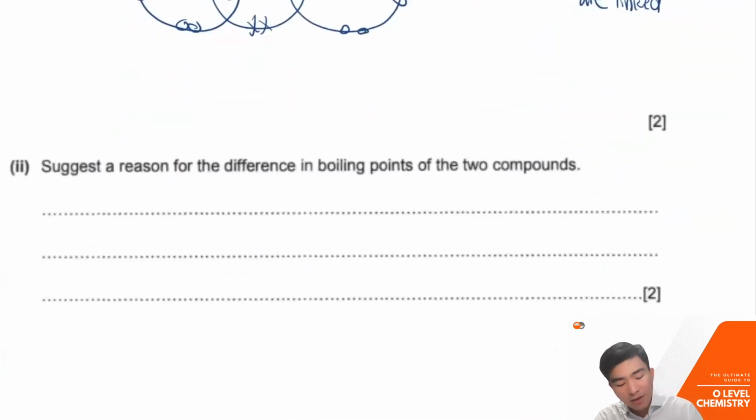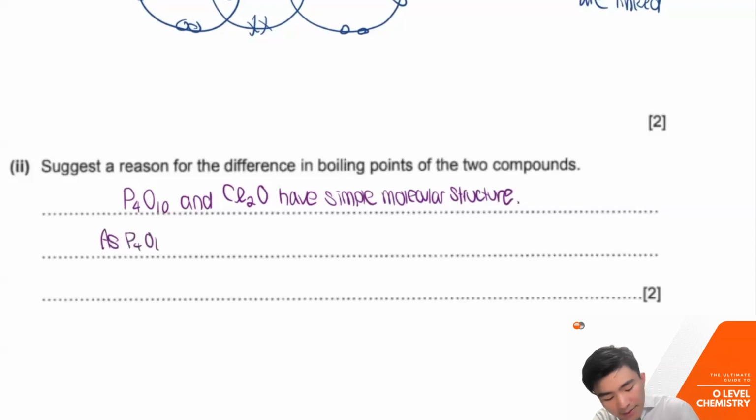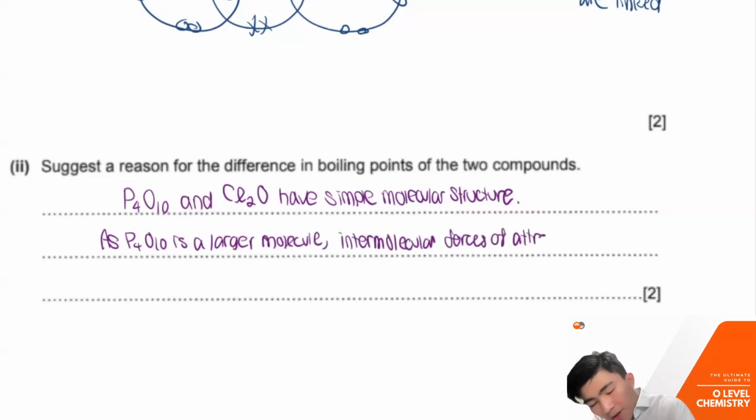You can tell me first off that P4O10 and Cl2O have simple molecular structure, as P4O10 is a larger molecule. Intermolecular forces of attraction between molecules of P4O10 is definitely going to be higher.